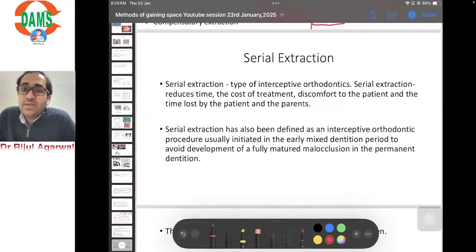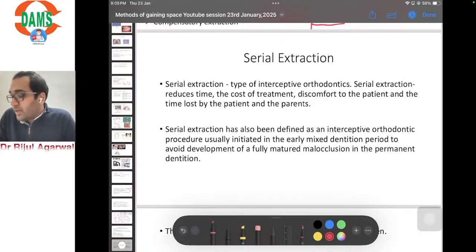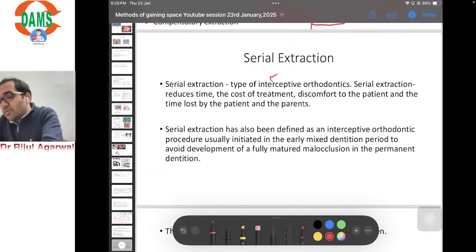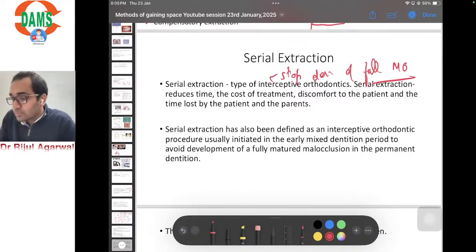Next comes serial extraction. It is a type of interceptive orthodontics. So what does interceptive mean? It means to intercept or stop the development of full malocclusion. What is the benefit?